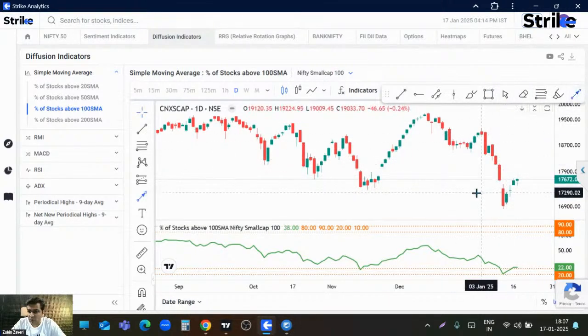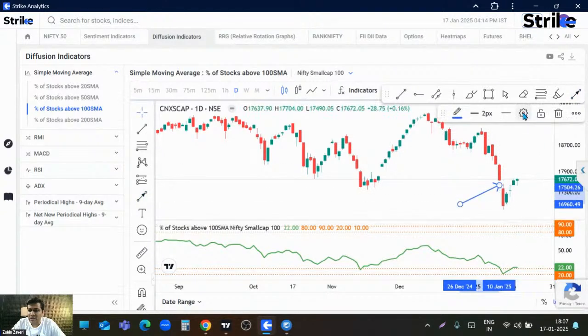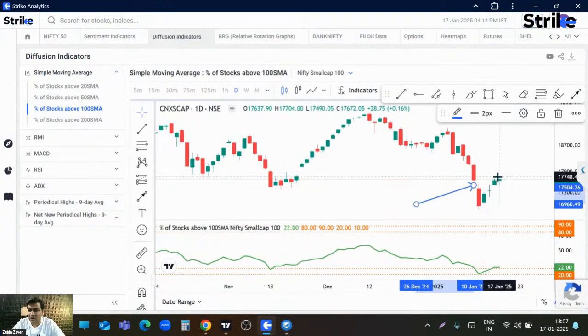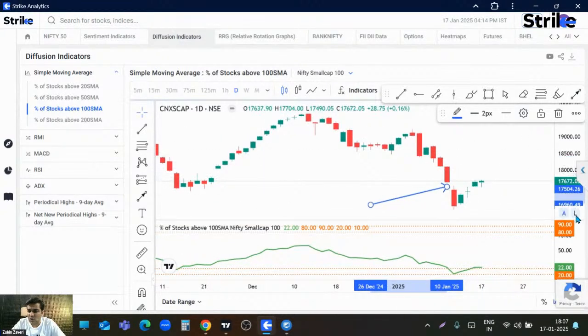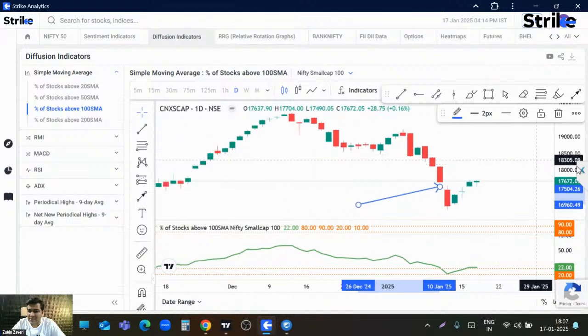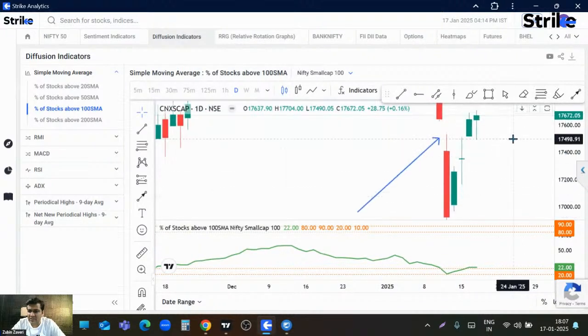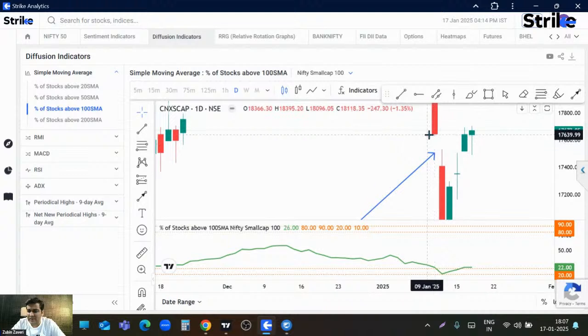What had happened was, this was a gap down opening which was acting like a resistance level, and it has almost cleared this gap on the upside. Now what we can see is that, yeah, see, now this gap is cleared. The price has closed above this particular gap area.